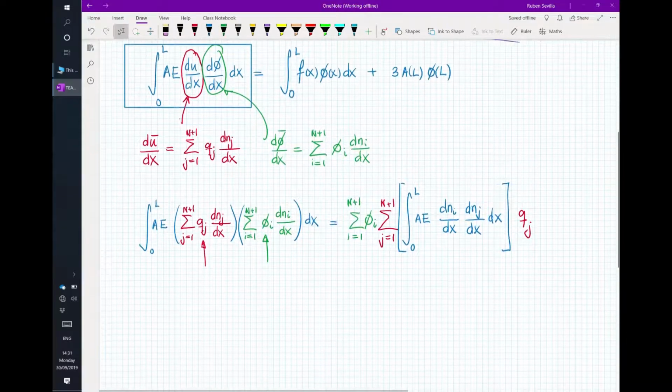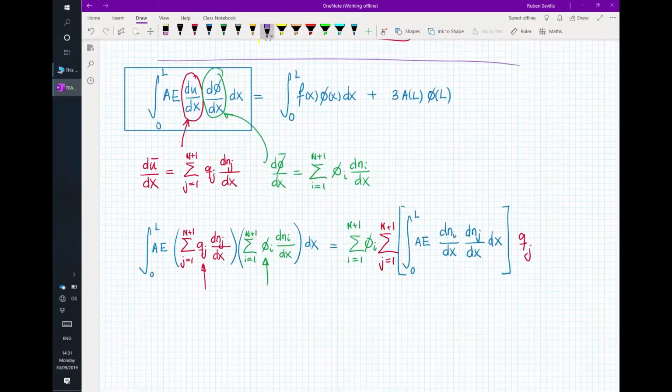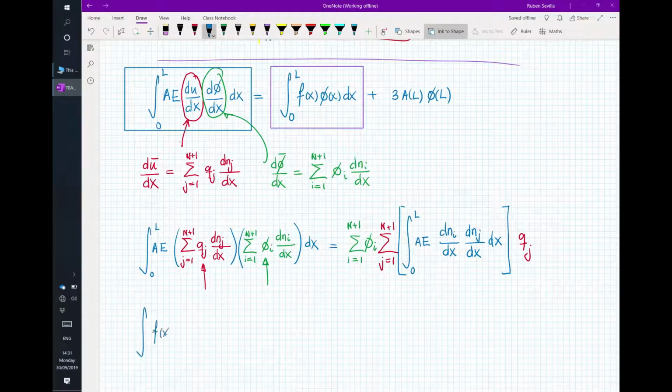Right. And on the right, what do we have? We have this guy here, which is the integral of f multiplied by this phi.